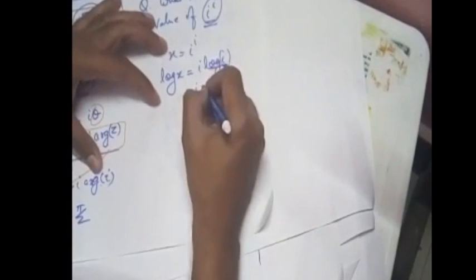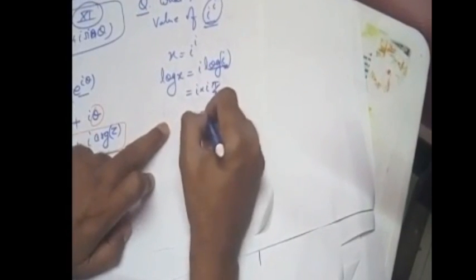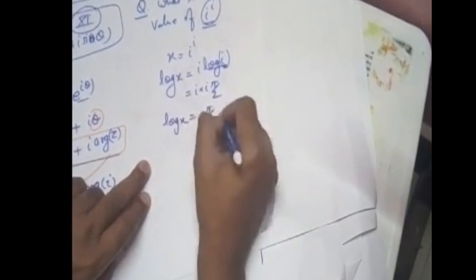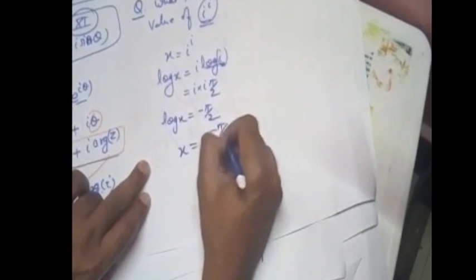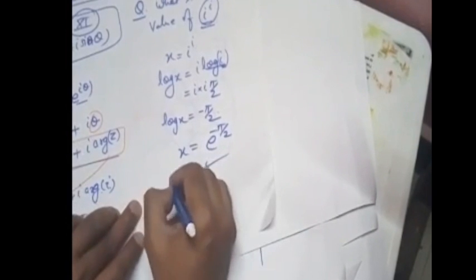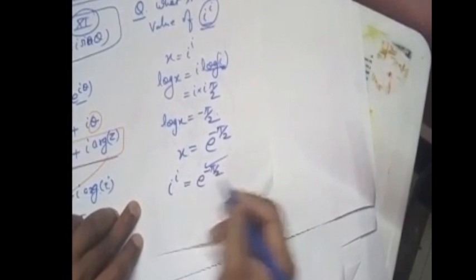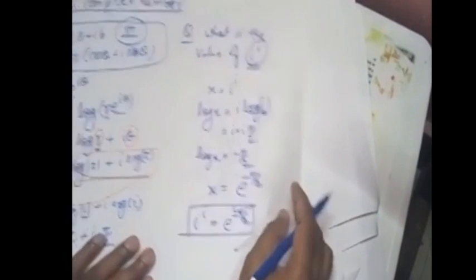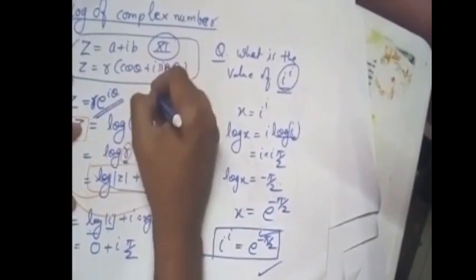So now log of i is equal to i into pi by 2. Then log x is equal to i times i pi by 2, which is minus pi by 2, and x is equal to e to the power minus pi by 2. So the conclusion is i to the power of i is equal to e to the power of minus pi by 2. Similarly, so many questions we can solve very easily by this formula.